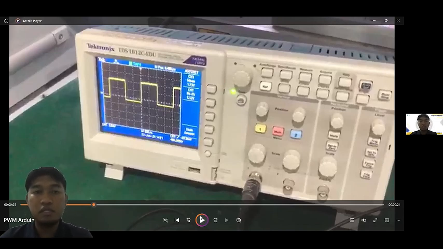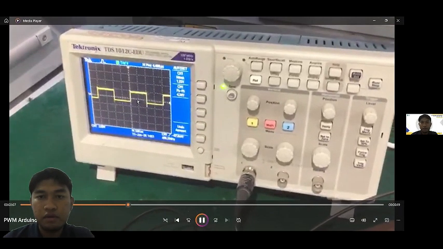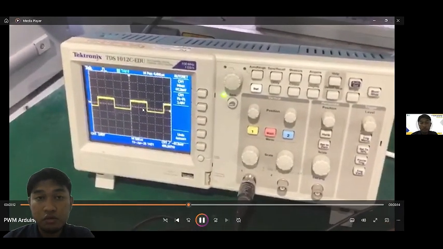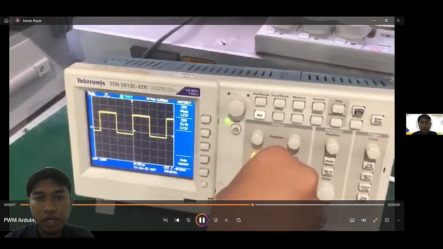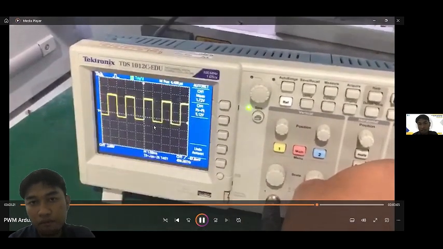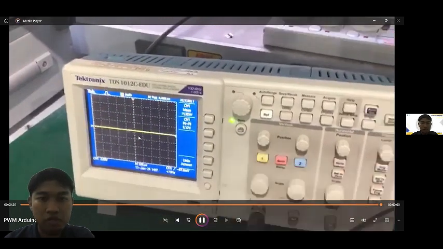As we can see, the signal is already read in a digital way. This one is 0, this one is 1. When I lower the potentiometer, the signal also goes down, and when I spin it up, the signal goes up also.